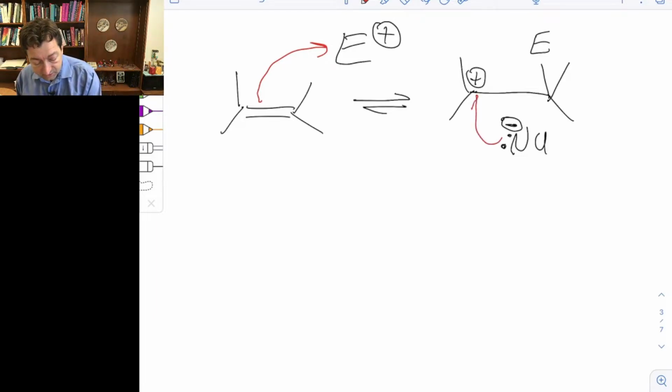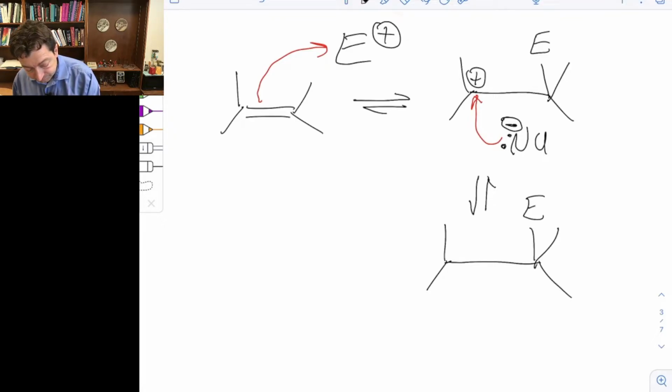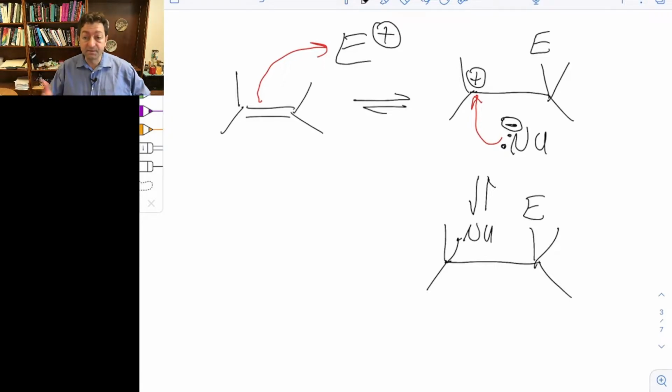We can imagine that nucleophile now attacking that positive charge, that carbocation that's left behind, leading us to a product that looks a bit like we talked about a minute ago in general. We get something that looks like that. So an electrophile and nucleophile, neutralizing the negative charge on the nucleophile, adding across that double bond.